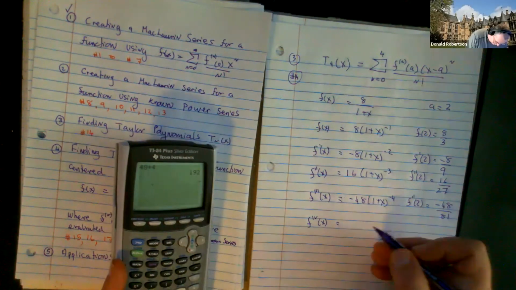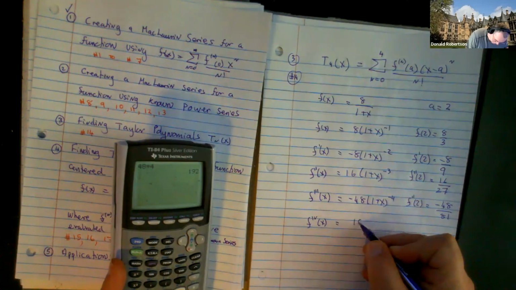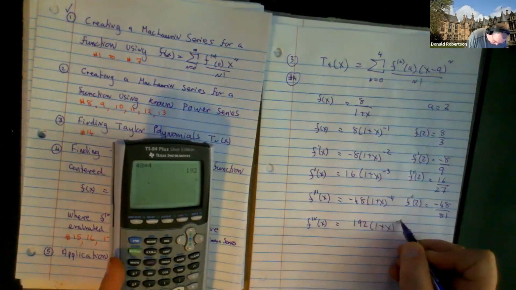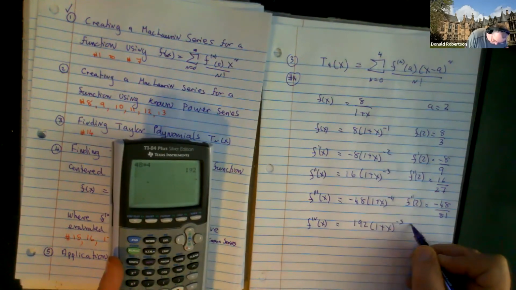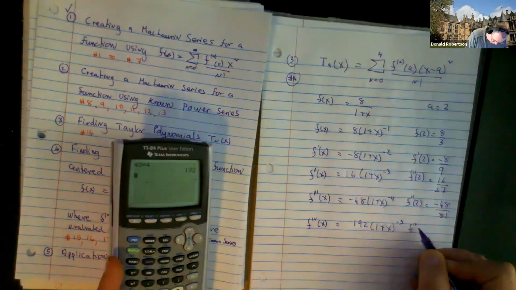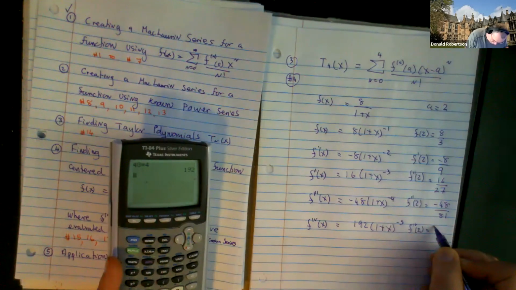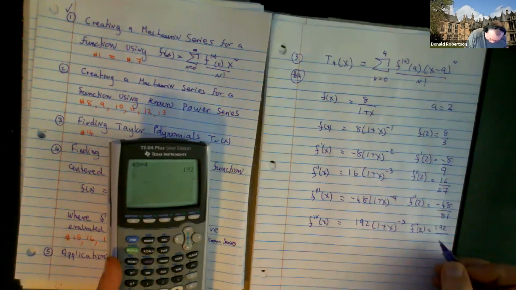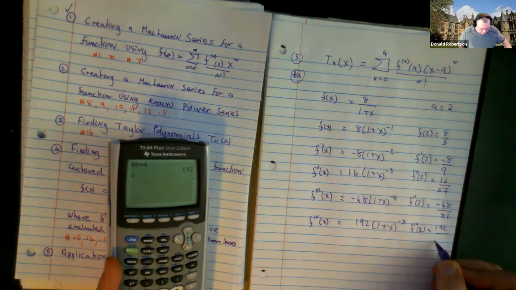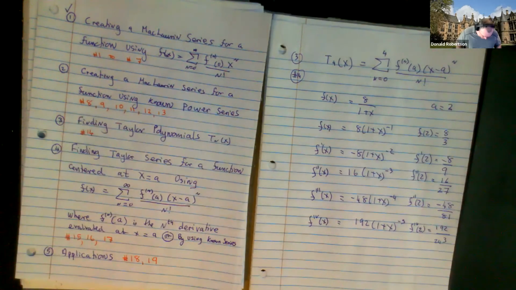So it's 192, 1 plus x to negative 5, and the fourth derivative at 2 is positive 192 over 243. And thank goodness we can stop here.